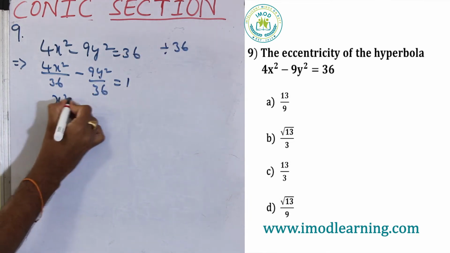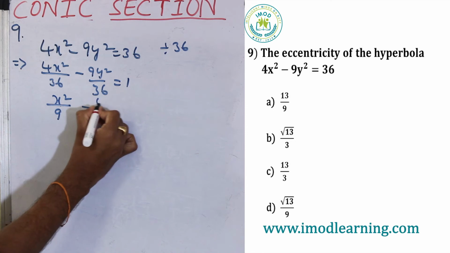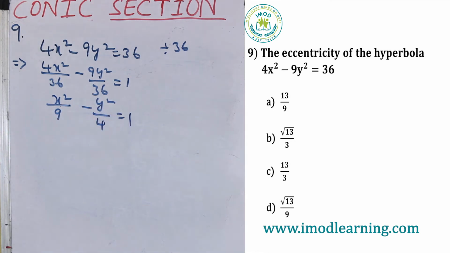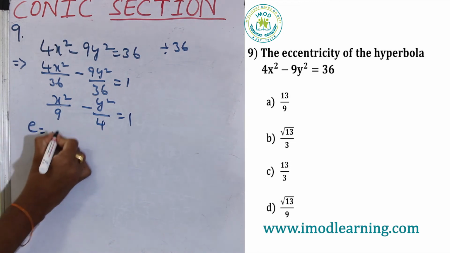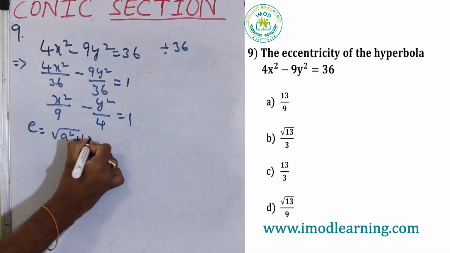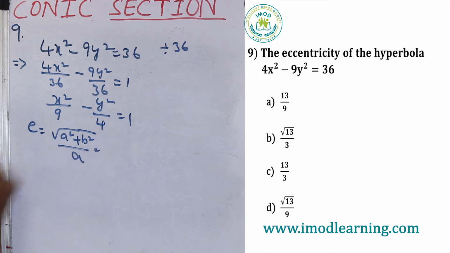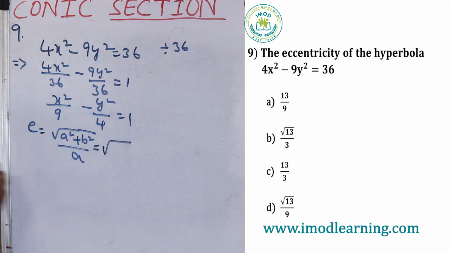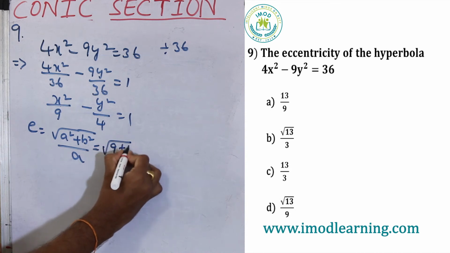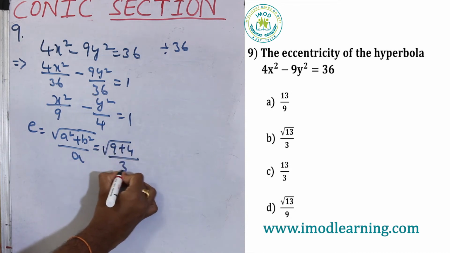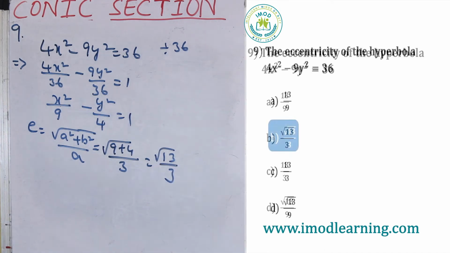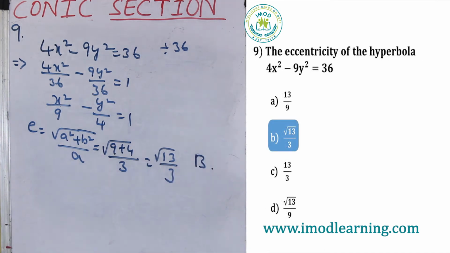In other words x square divided by 9 minus y square divided by 4 which is equal to 1. So e is equal to square root of a square plus b square divided by a, which is equal to square root of 9 plus 4 divided by 3, which is equal to root 13 by 3. Option B.